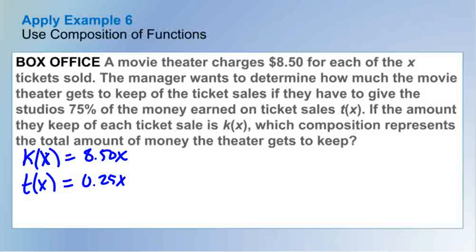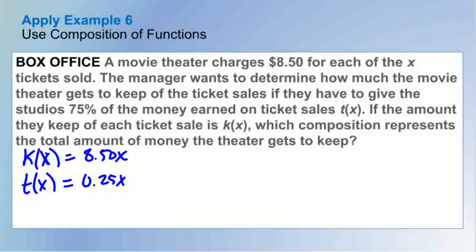Now, which composition represents the total amount of money the theater gets to keep? They get to keep 25% of $8.50.